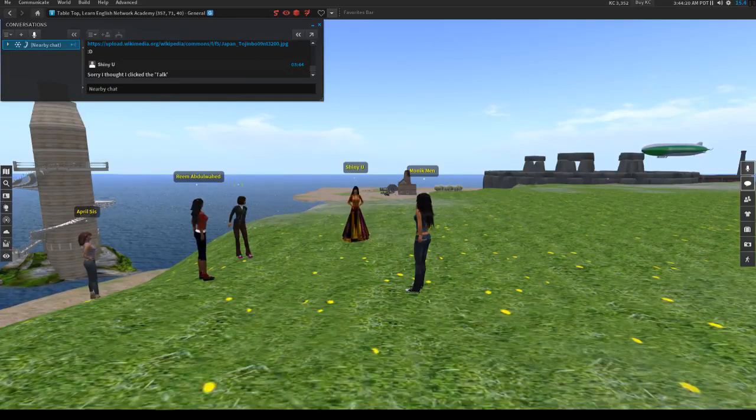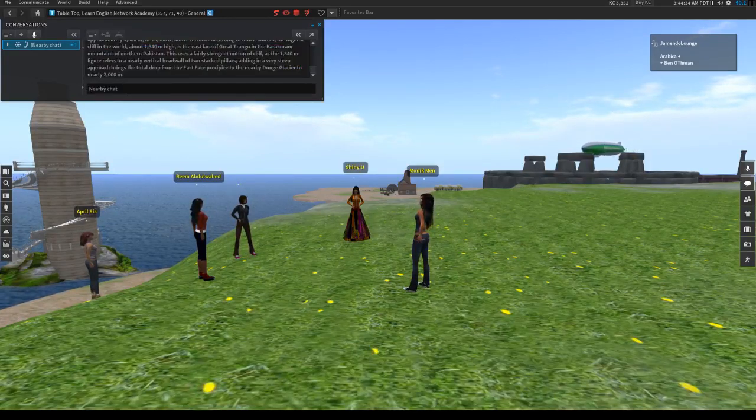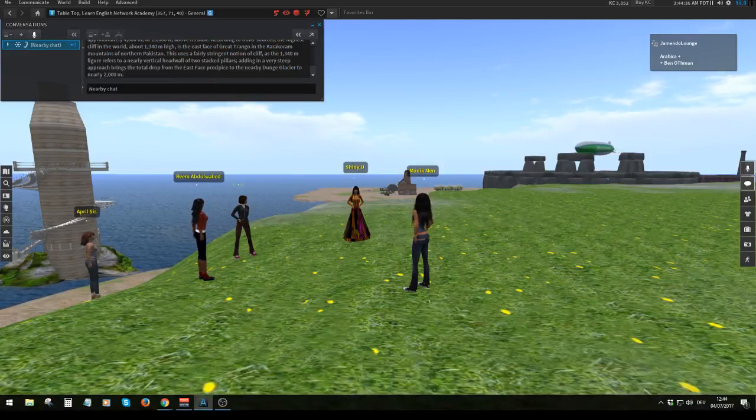Okay. So let's read about some other famous cliffs. We've got the highest cliffs in the world, for starters. So we'll go back round. April, if you'd like to read that text.